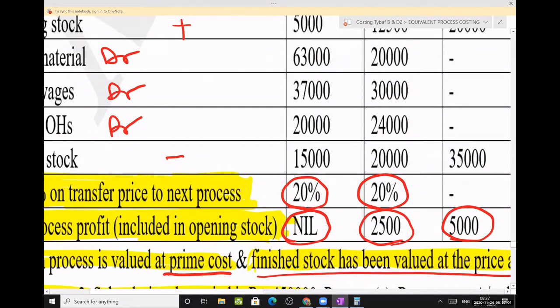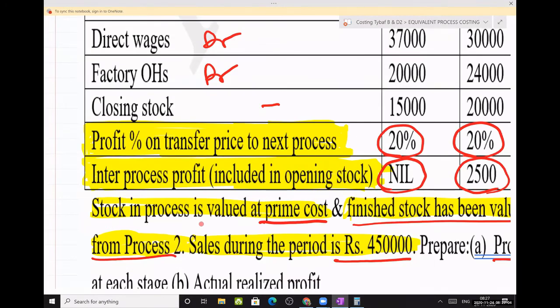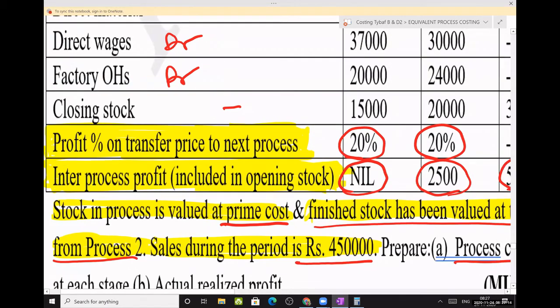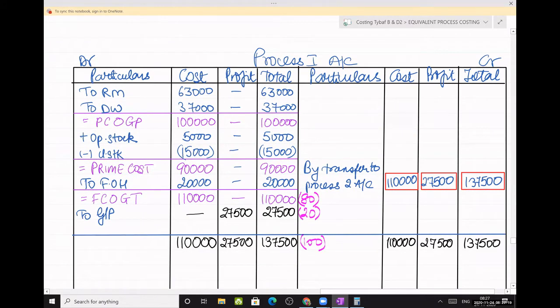One more important thing, students. Stock in process, meaning WIP stock. Then you get your prime cost. Add factory overheads to it.